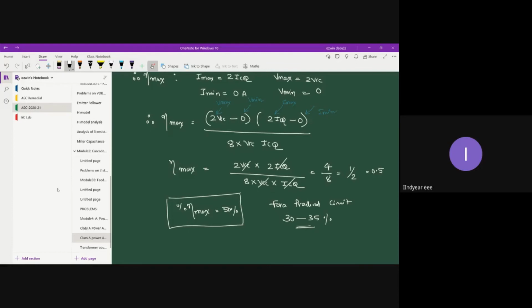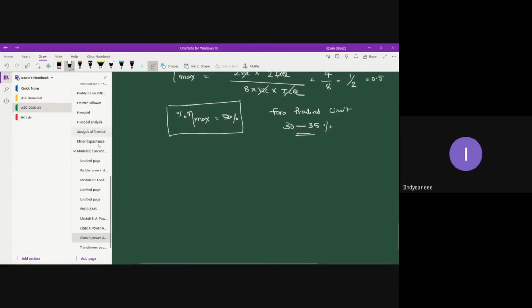Now let us discuss the merits and demerits of class A power amplifier. First, let us talk about the merits or advantages.